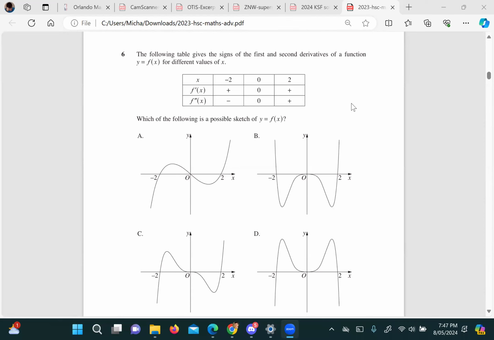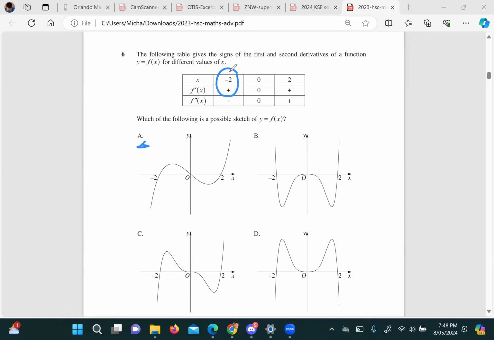So maybe Aiden. Could A be the answer? All right, maybe more specifically, let's just take one piece of information. For A, is the derivative at -2 positive?